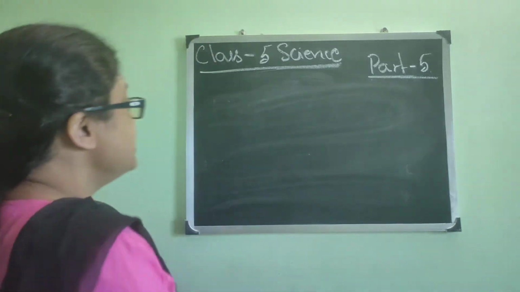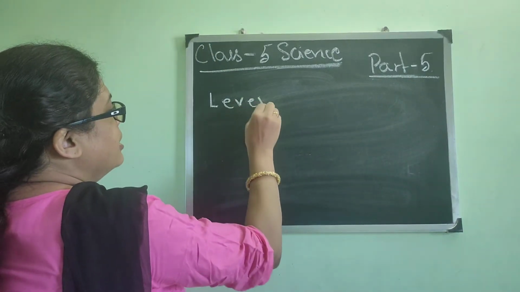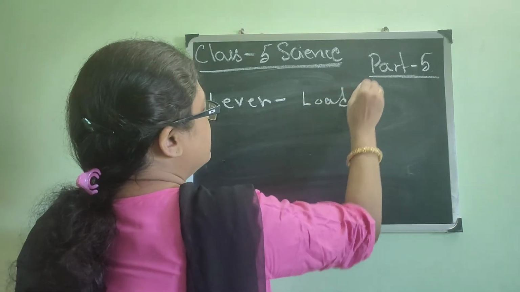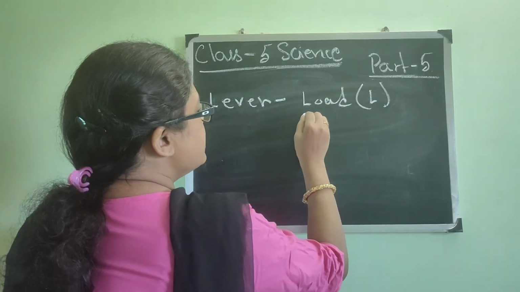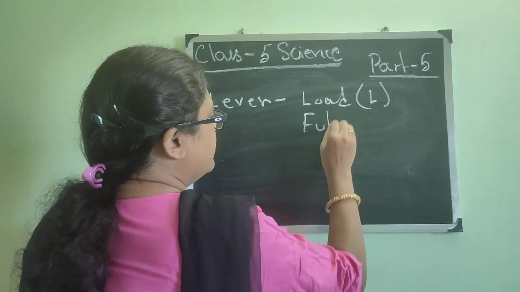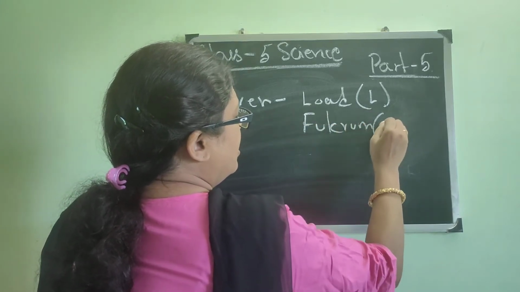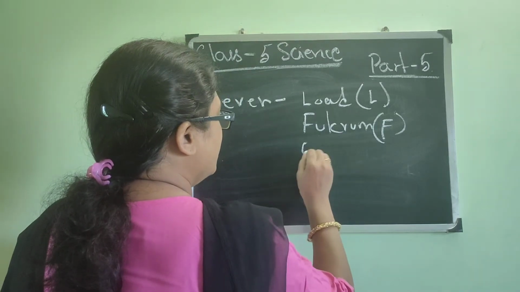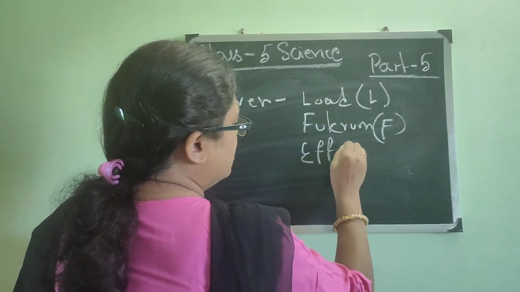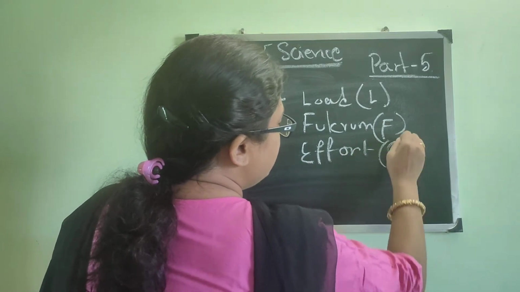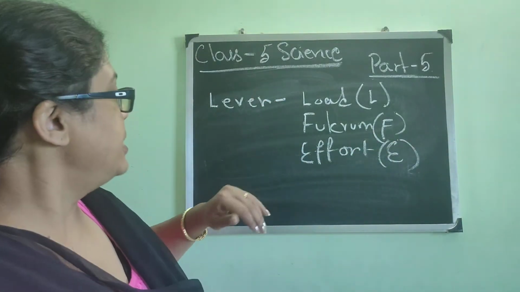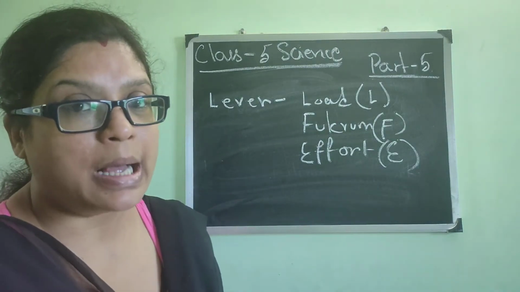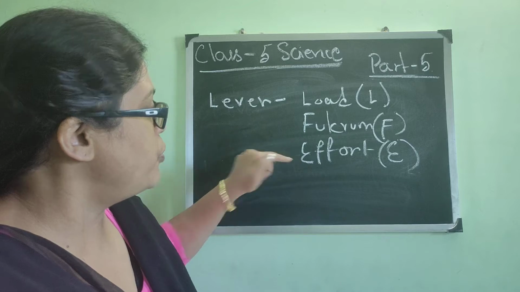Now we have already seen that a lever has three different parts, isn't it? One is load, one is fulcrum, that is F, and another one is effort, that is E. Now what it is telling here is that levers can be categorized depending on the position.